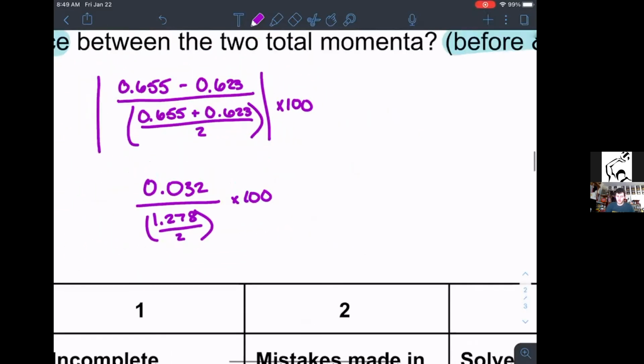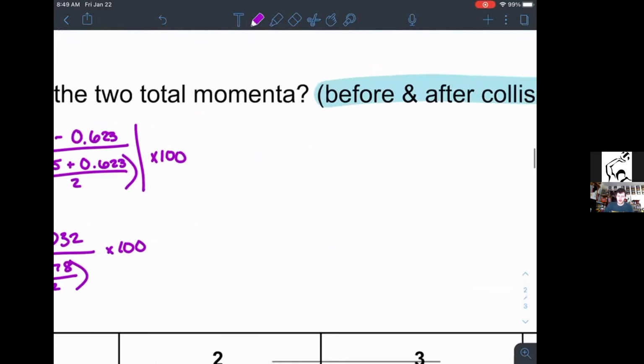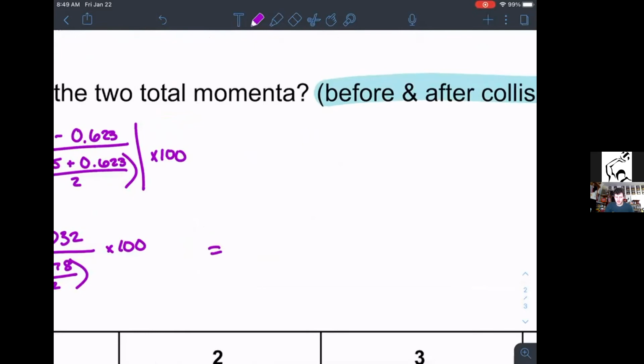And then we can go one more time and divide that by 2. And now we have 0.032 divided by the 0.639 times 100.